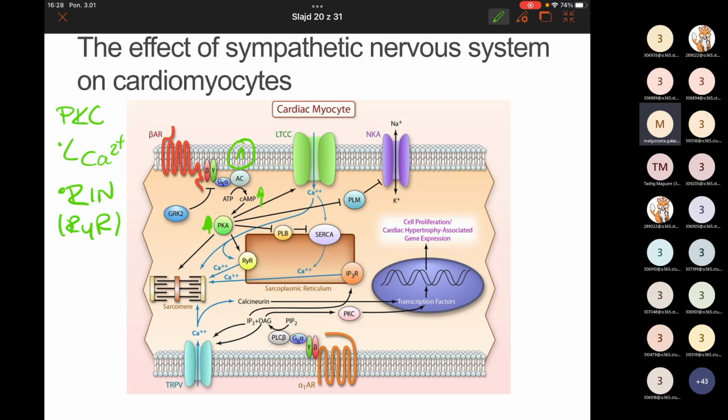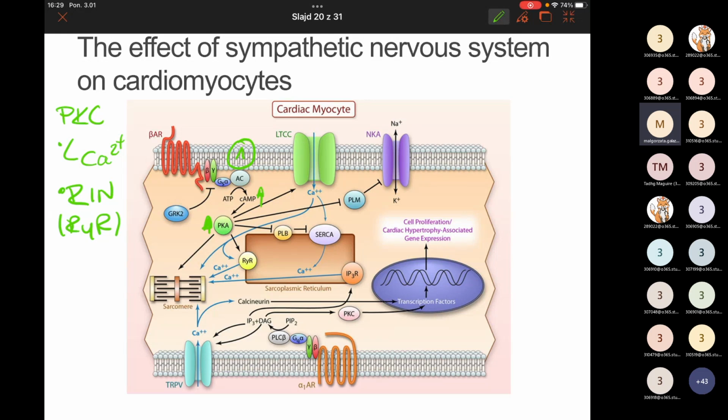And as you remember from neurophysiology and the skeletal muscle physiology, the greater the concentration of calcium ions inside the cell, the greater the contraction force. So the increased influx of calcium into the cell is responsible for the greater contraction force of cardiomyocytes. And this is described as inotropic effect. So sympathetic nervous system exerts inotropic positive effect due to increased calcium influx into the cell.